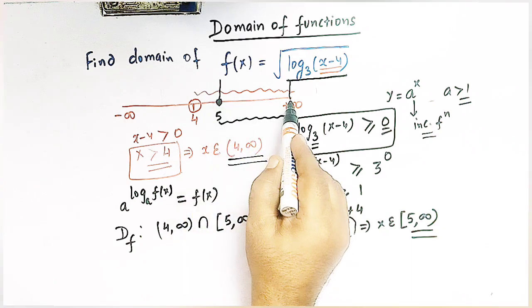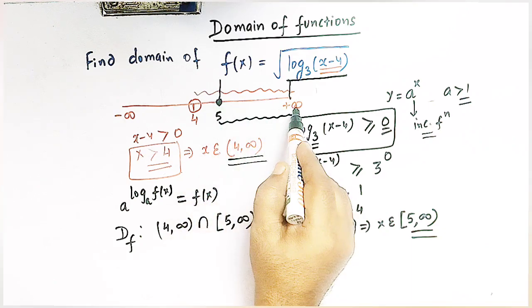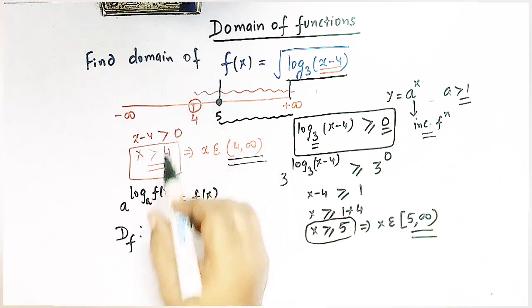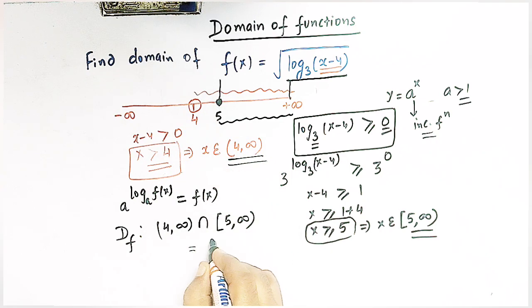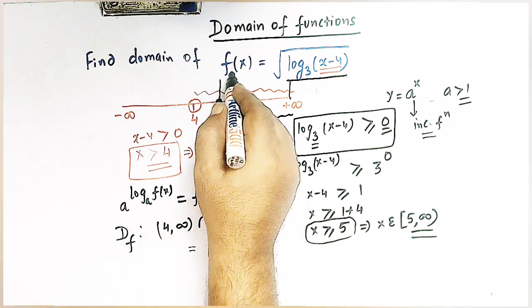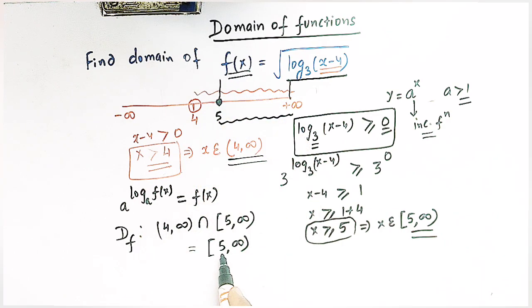So the common region is from 5 to infinity, where 5 is also included. So the domain of this function f of x is given by this interval, that is 5 to infinity, where 5 is included.